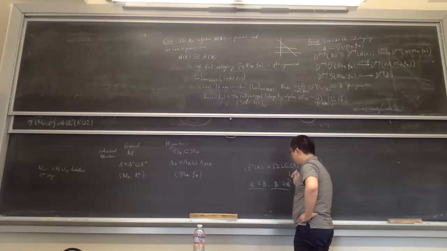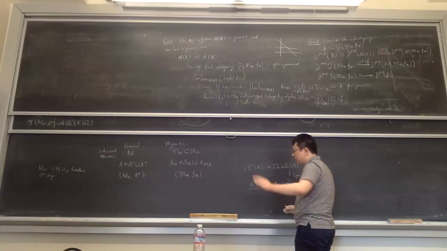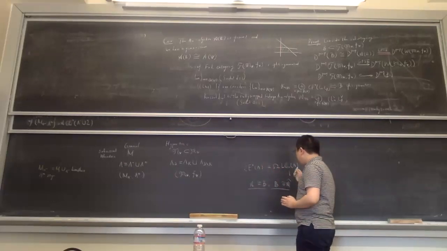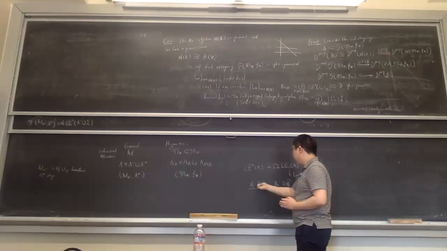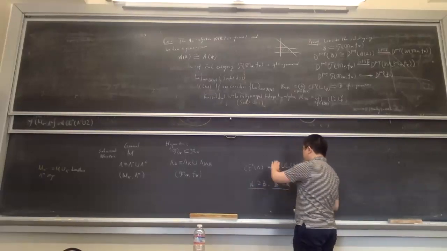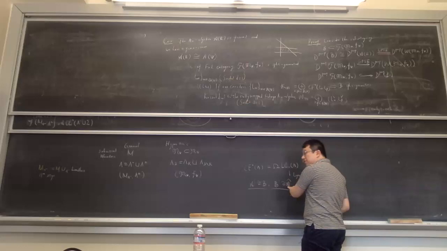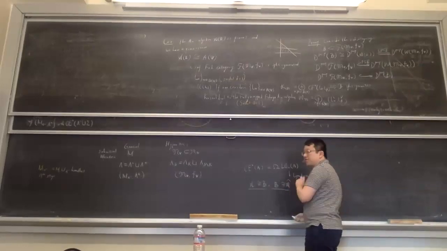You need to take the completion because in the Chekanov-Eliashberg DGA you have words, so you can complete with respect to the length of the words. So in general, you only get these two equivalences: this one, which follows from generalizing the setup of Ekholm-Lekili, and this one, which requires you to have a completion of this DGA. But the question is how to remove this completion.